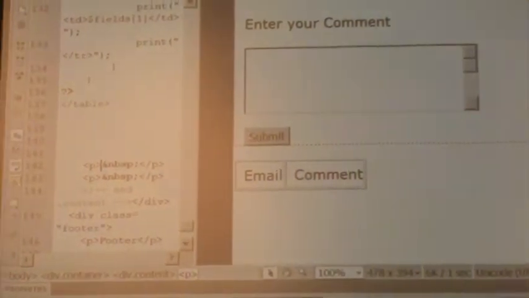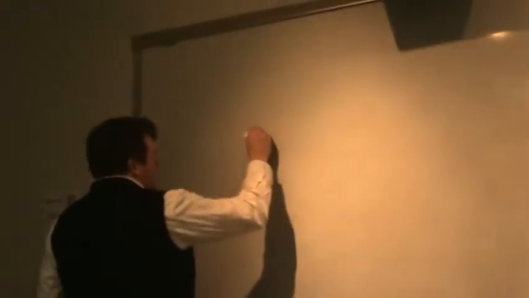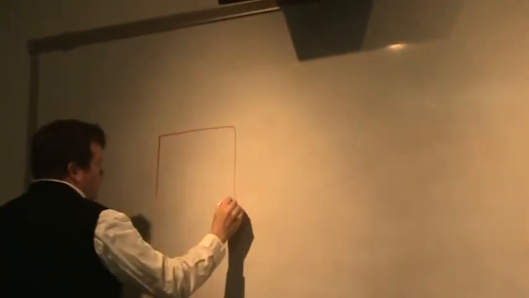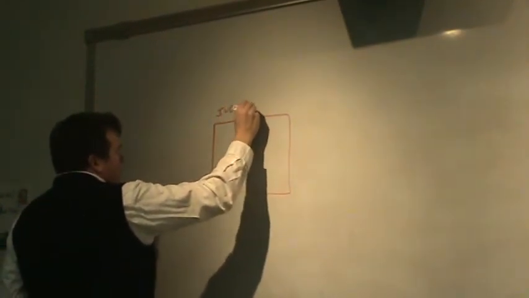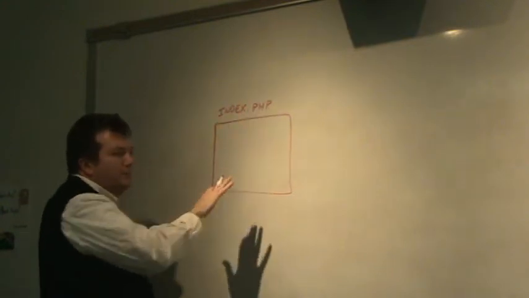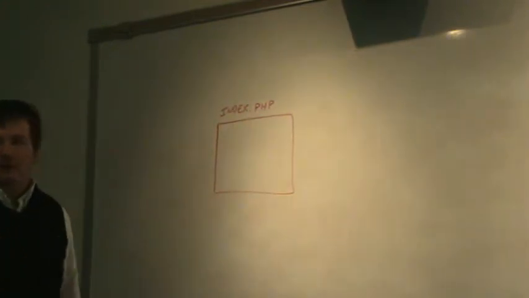Here's what we've done. I know it sounds a little convoluted, but here's what we're doing. We have our web page, so it's in our folder, and we called it index.php. A PHP page is just like an HTML page with one additional tag, the block that says PHP.